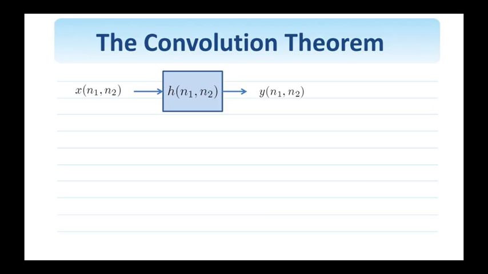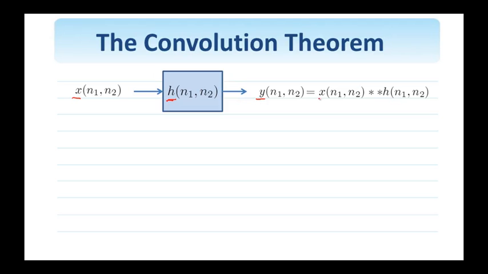One of the important properties of the Fourier transform is the convolution property, or as also referred to, the convolution theorem. It describes the input-output relationships of an LSI system in the frequency domain. So given a system with impulse response h, x the input, y the output, we know that the input-output relationship in the spatial domain is through the 2D convolution.